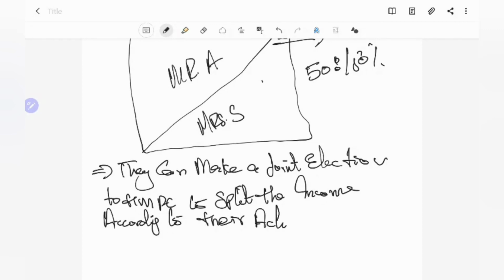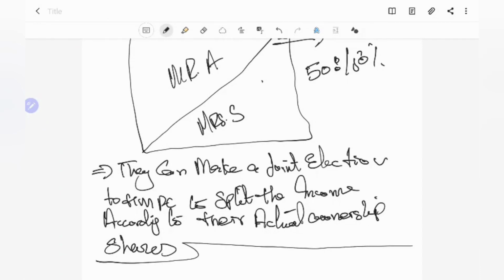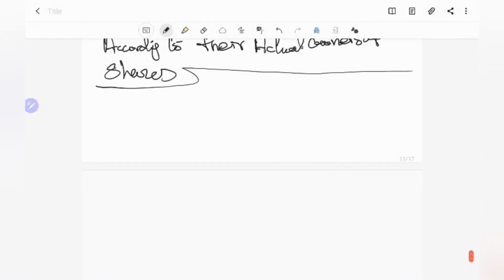For example, if A in actual has 60% shares and Mrs. S has 40%, they can make an election so that actual shares can be split between them, so that they will pay the tax according to their income, right? So far so good. And then we have child benefit income tax charge.